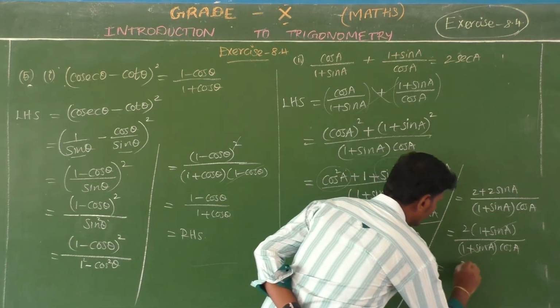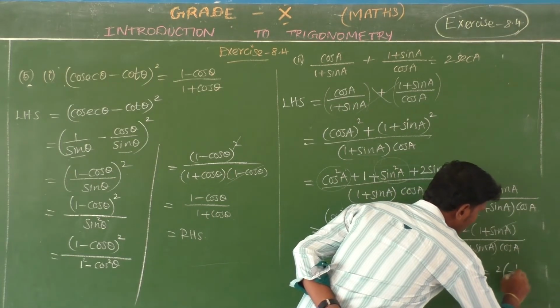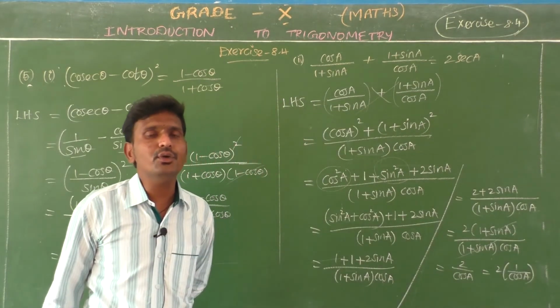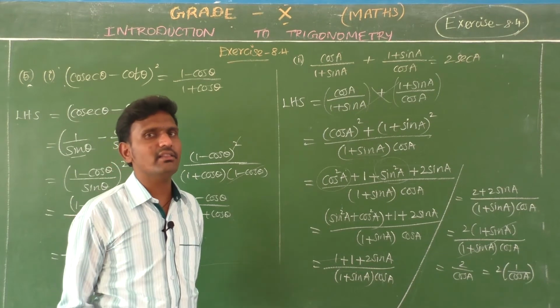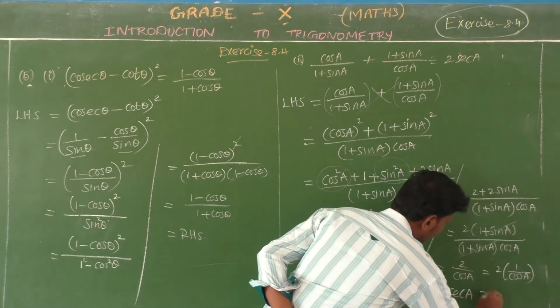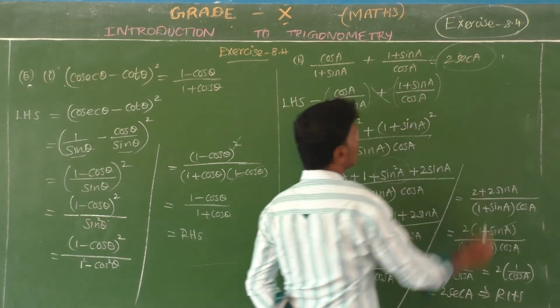So 2 by cos A, that's all. 2 by cos A means 2 into 1 by cos A. So 1 by cos A means secant A. So 2 secant A. That is your right side. 2 secant A. Have you got it, children?